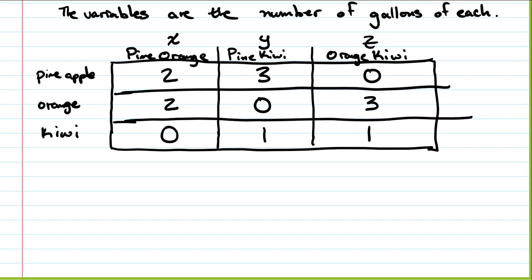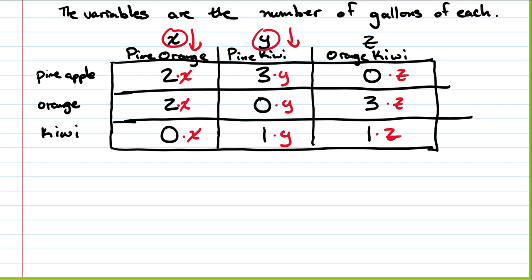Well, basically what's going to happen is everything in this column is going to get multiplied by X. Everything in this column is going to get multiplied by Y. And everything in my last column is going to get multiplied by Z. So my variables here are going to multiply down to give us the amounts.